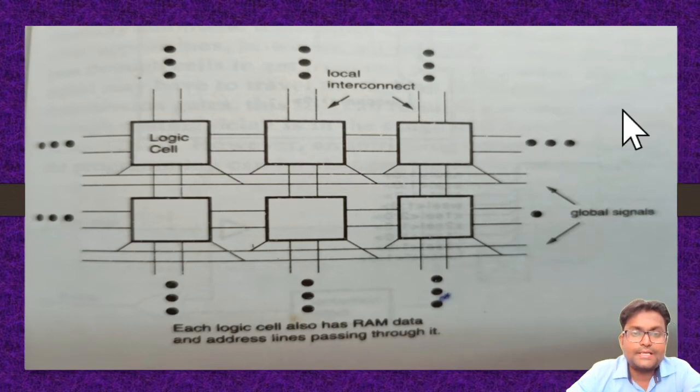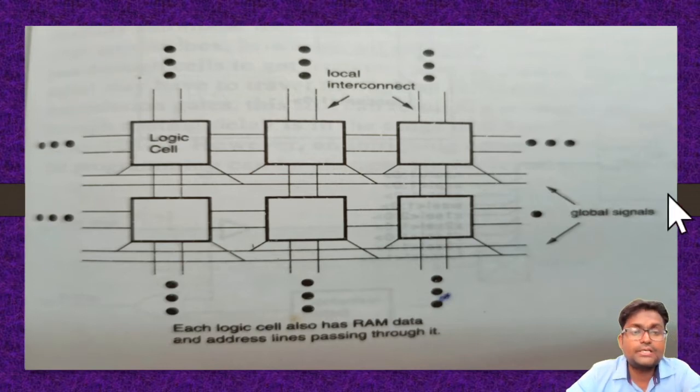On each side there are 32 input output pads. Whether we are dealing with this side, the bottom side, or the upper side, each side consists of 32 input output ports through which we can provide the input to this logic cell.